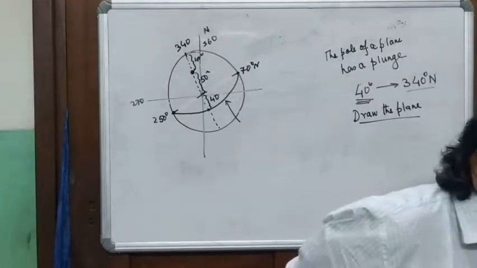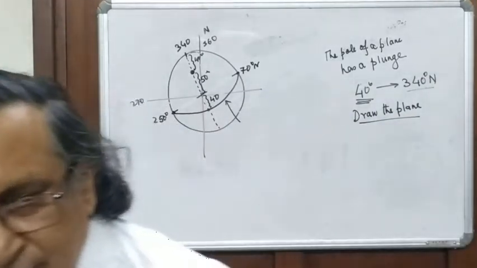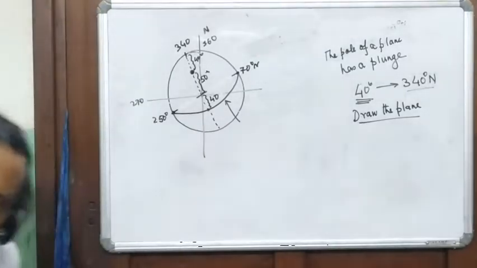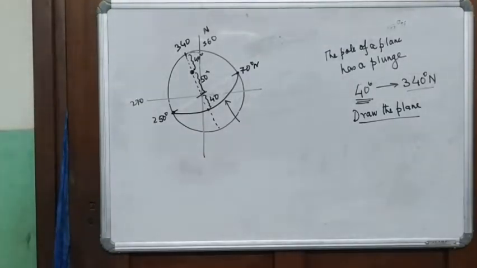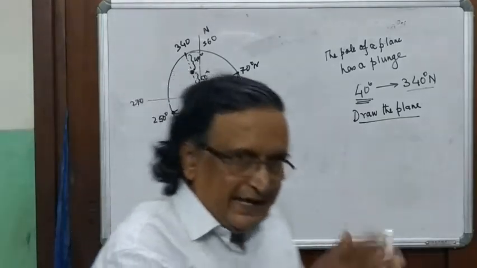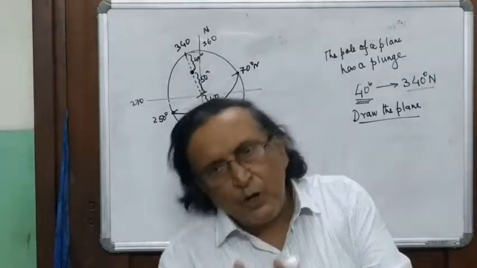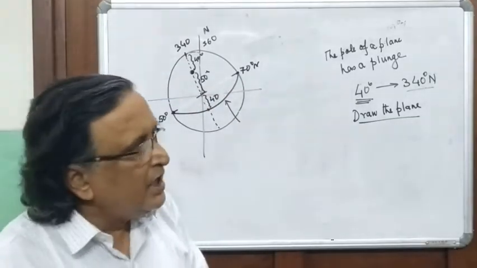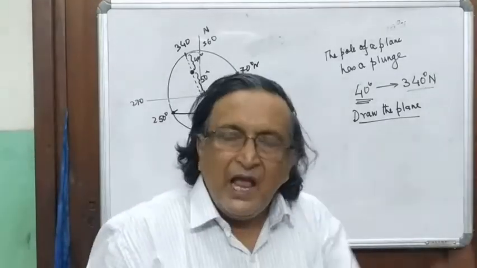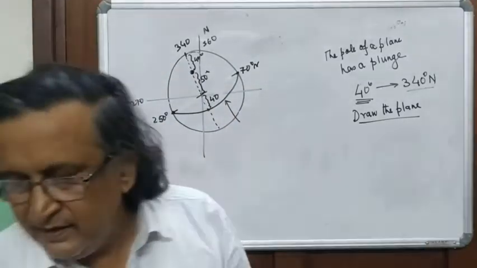Do you understand what I did there? First, I gave you the data of a plane and then plotted the pole. Second, I gave you the pole and asked you to draw the plane. That's all we did.